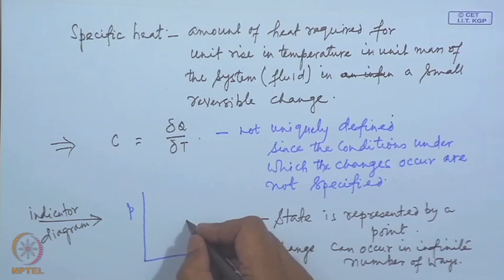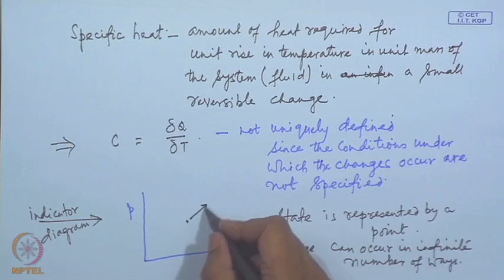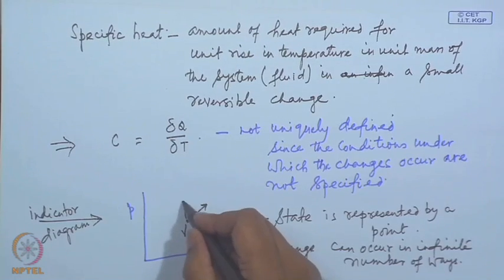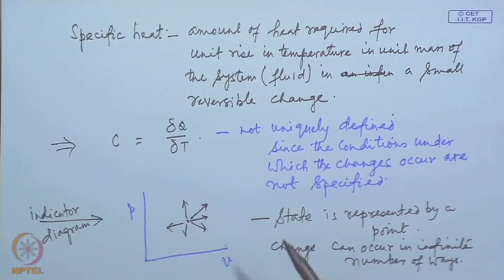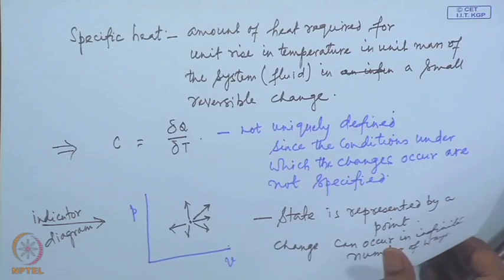That is, this is the current state of a certain system, and let us say we change it infinitesimally. This change can occur along this direction, or along this direction, or any such direction. So, these are all directions of change, and since there are infinite number of neighborhood points of this particular point, we have infinite number of ways of this change.